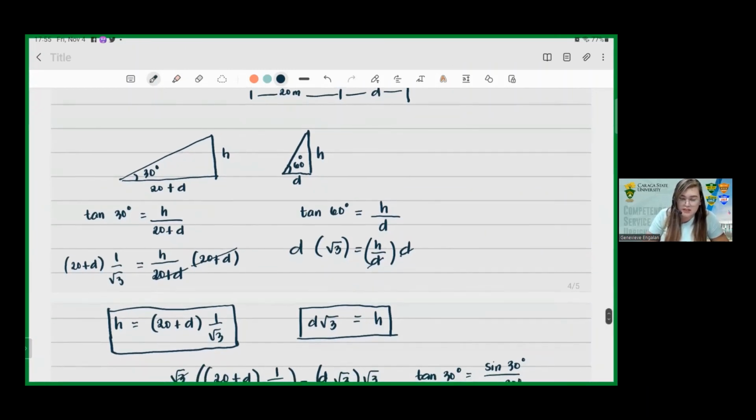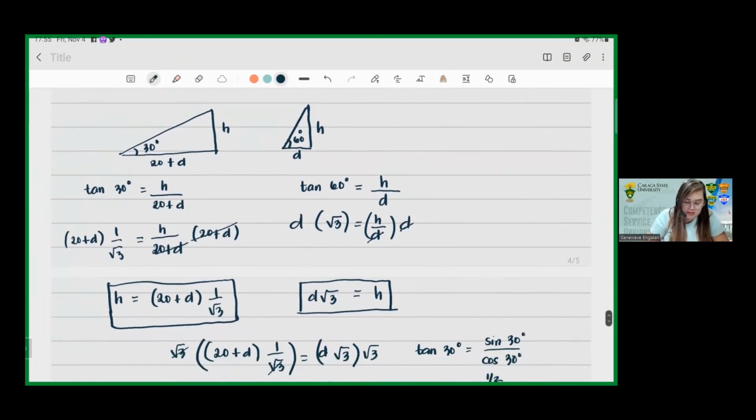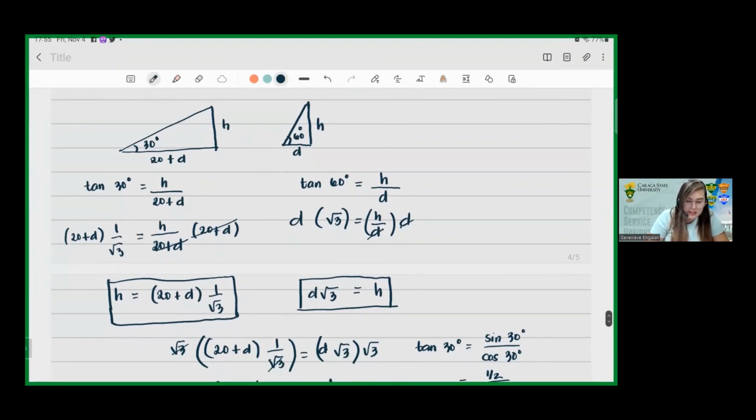Then tangent of 60 is height over d. So we want the height. So we multiply both sides by 20 plus d. So 20 plus d cancels. What remains is 20 plus d times 1 over square root of 3. That 1 over square root of 3 is tangent 30.